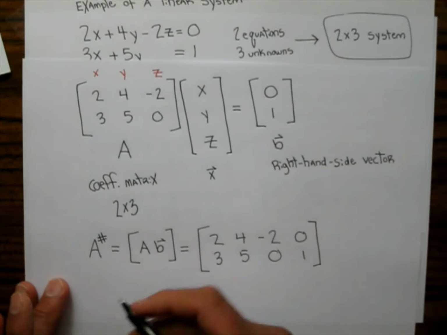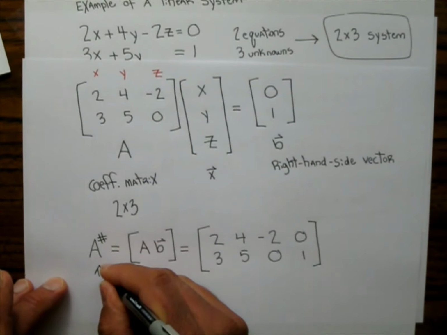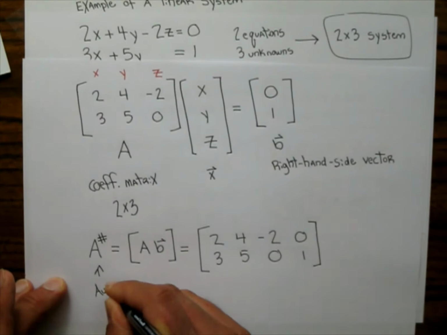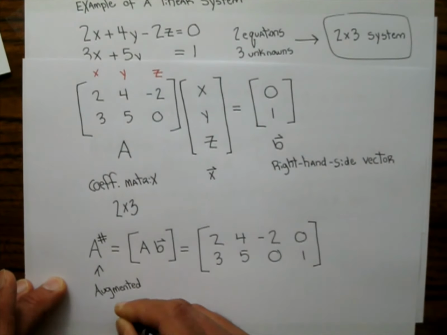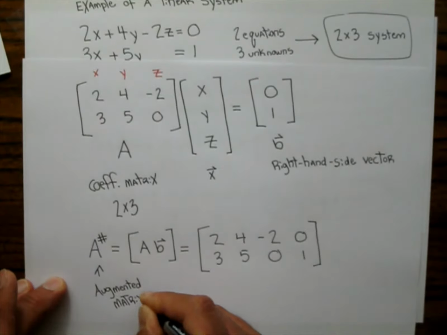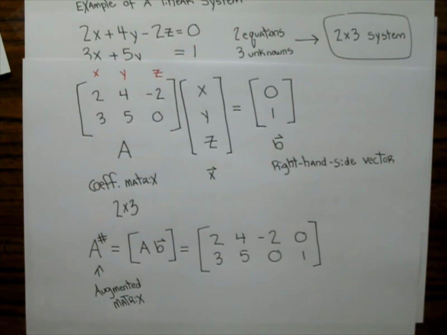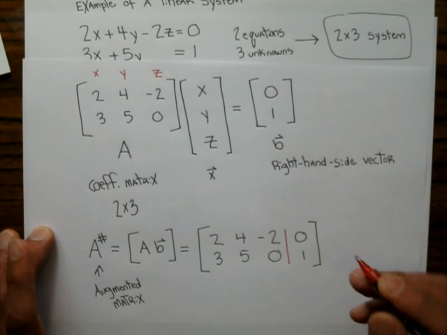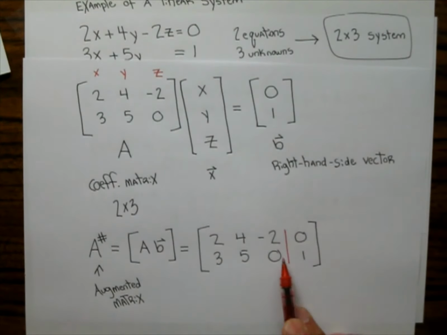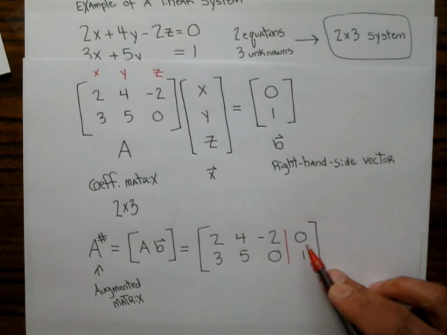So this thing right here has a name. It's called the Augmented Matrix. And this is going to help us when we solve these systems. And there are some teachers, maybe you'll see me do it, who put a line right there, because that will tell you what the constants are.